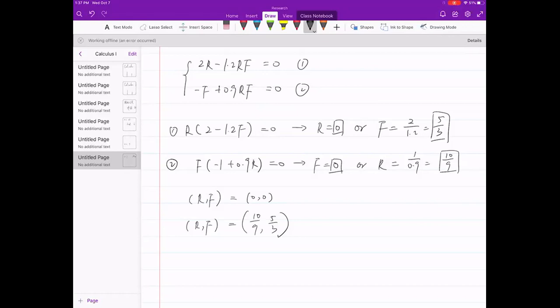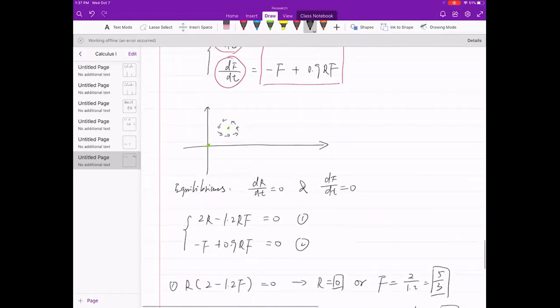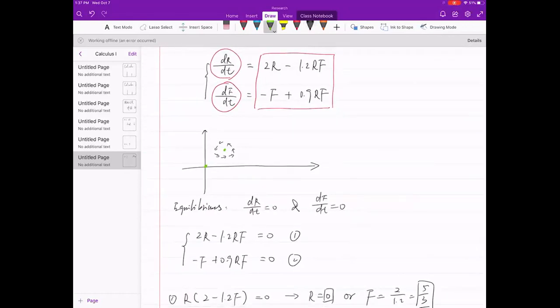Okay, we just draw it. So it's not hard to see. This one is going to be the 10 over 9, 5 over 3. And this is going to be the one which is 0, 0.